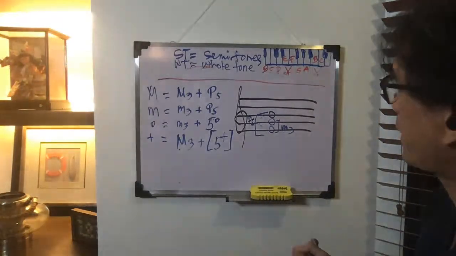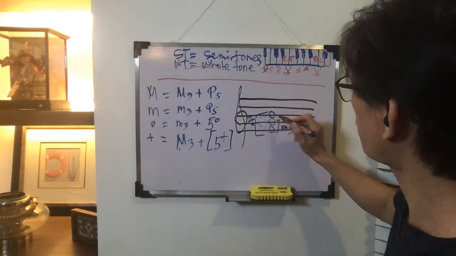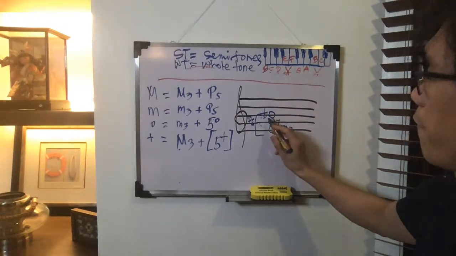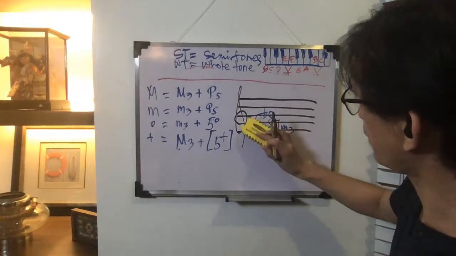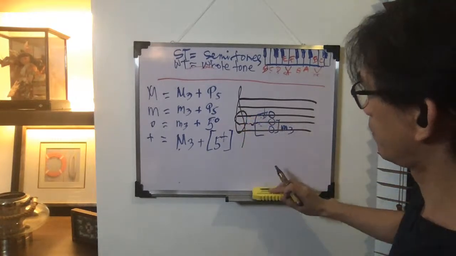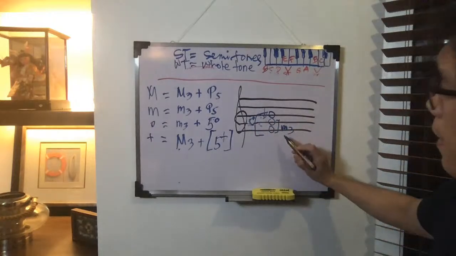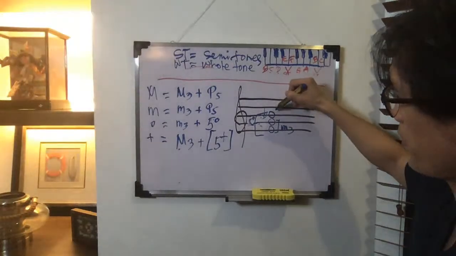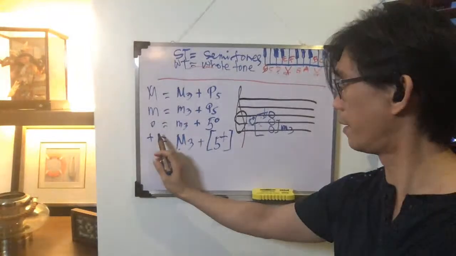So now, what happens if we lower the fifth note? Let's see. If we put a flat there, that means this becomes a diminished fifth. Therefore, minor third plus diminished fifth gives you a diminished interval.